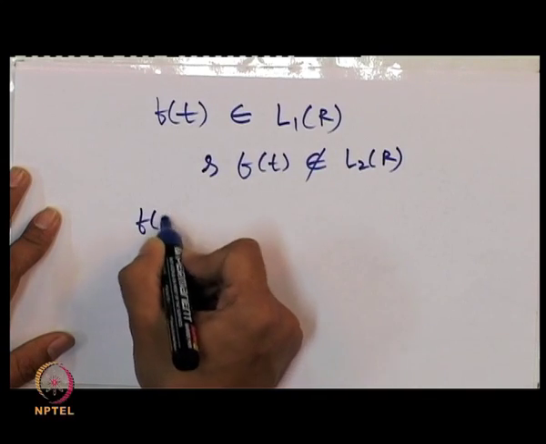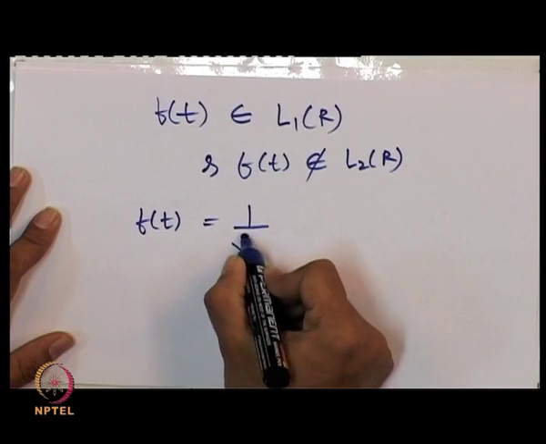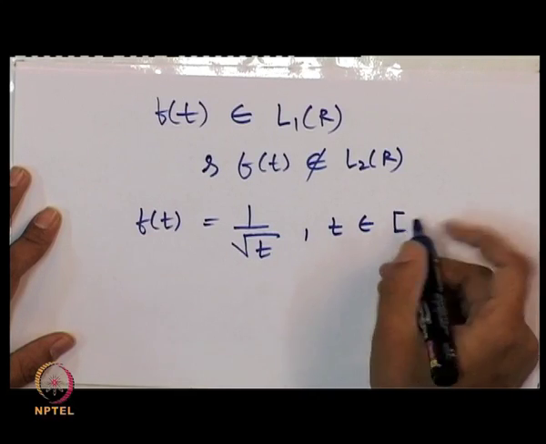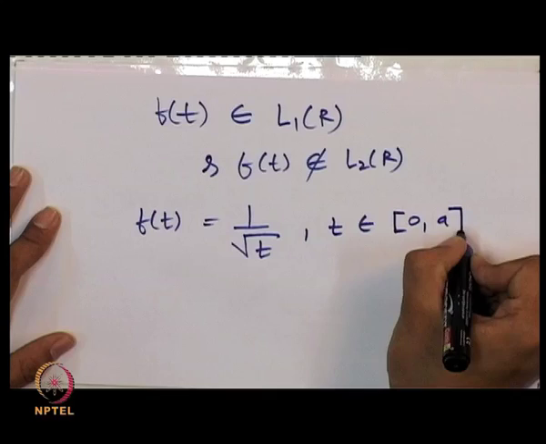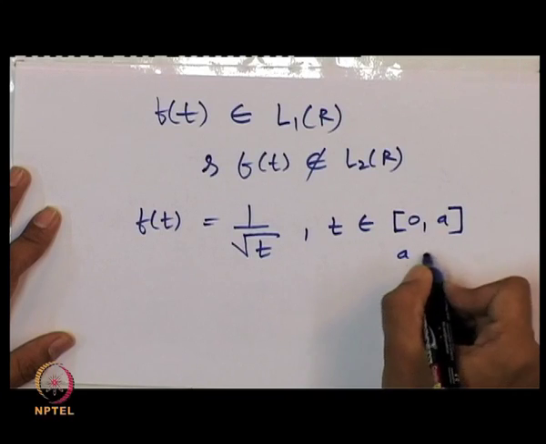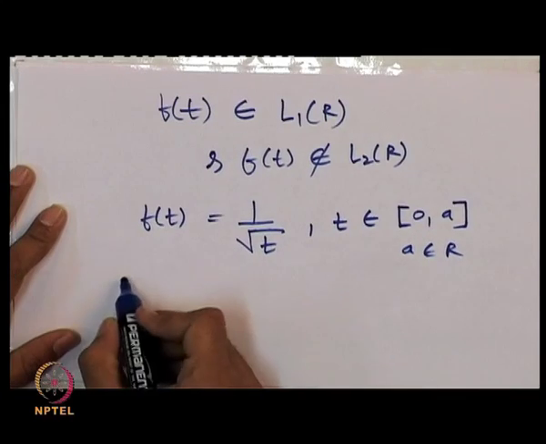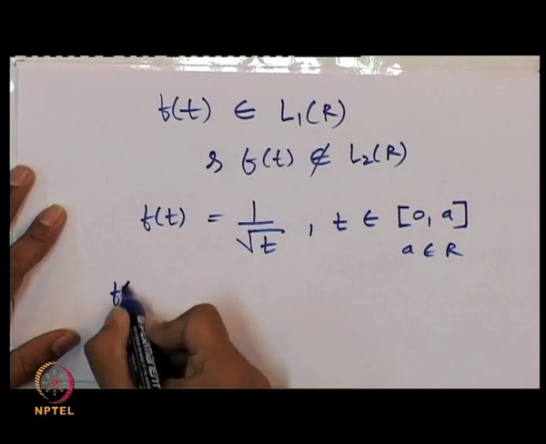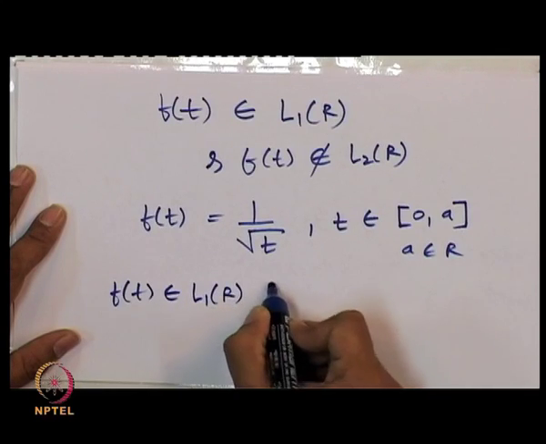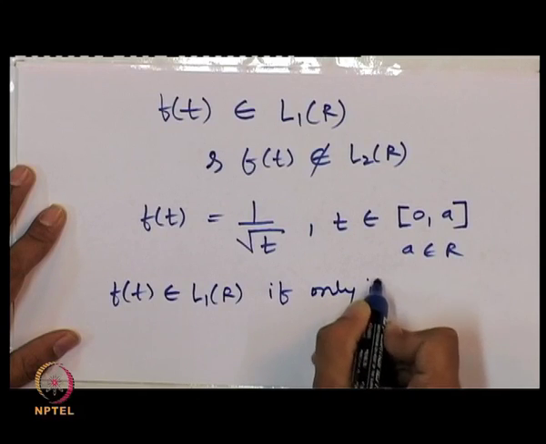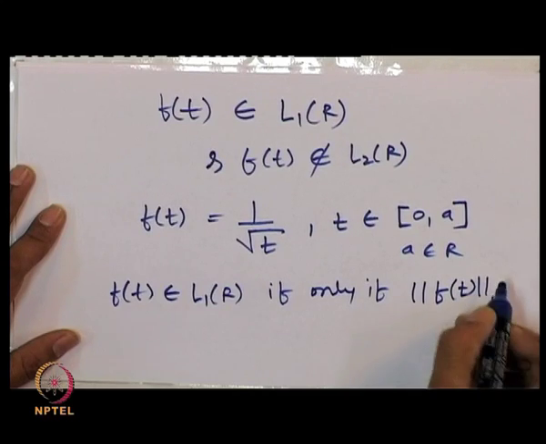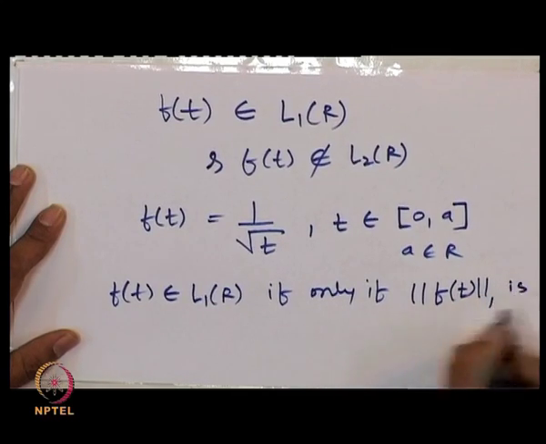Let us take f t as 1 upon root t, where t belongs to 0 to some constant a, where a is some finite constant belonging to R. Now we can say that f t belongs to L1R if and only if the L1 norm of f t is finite.